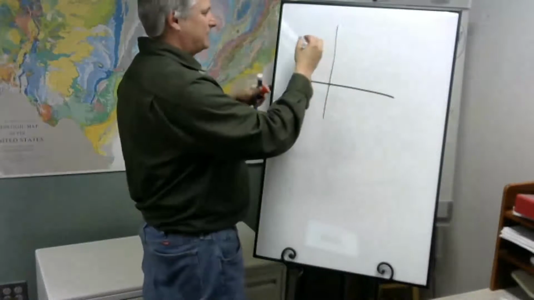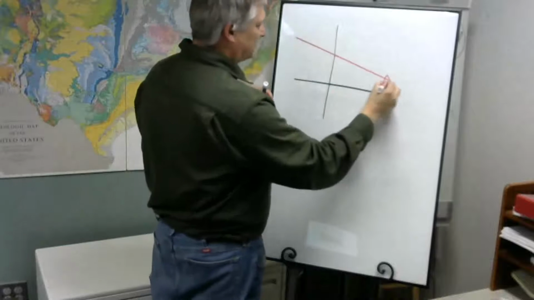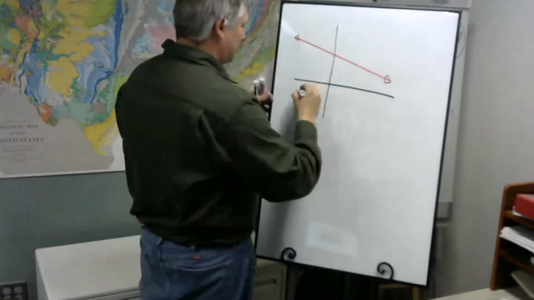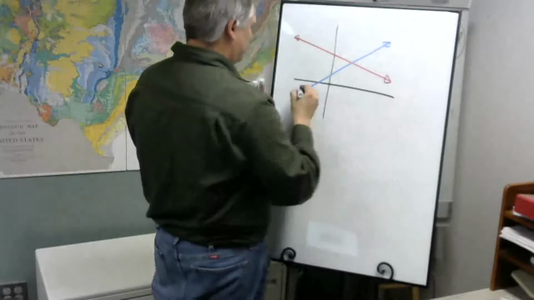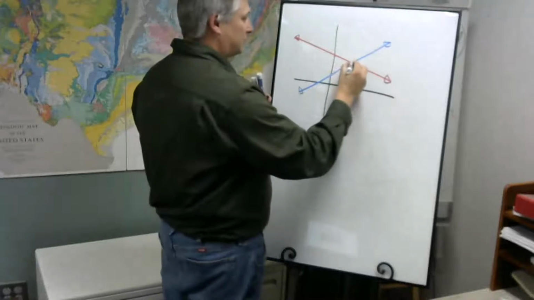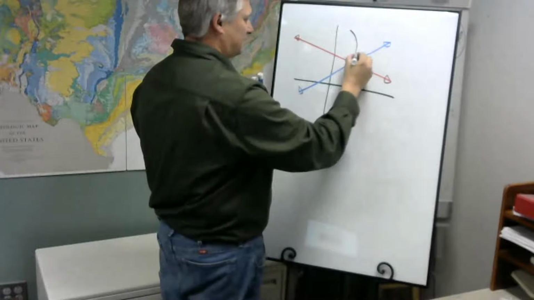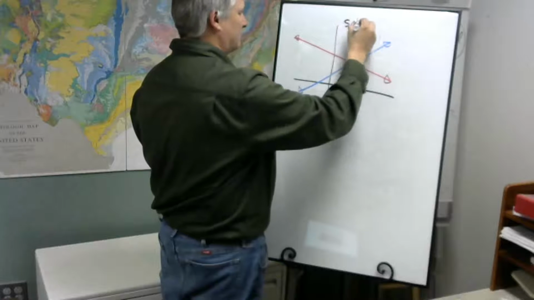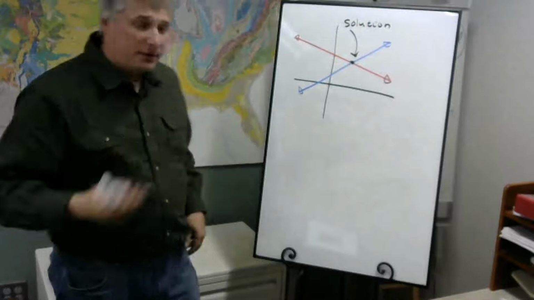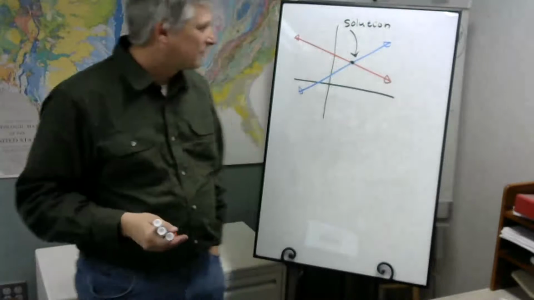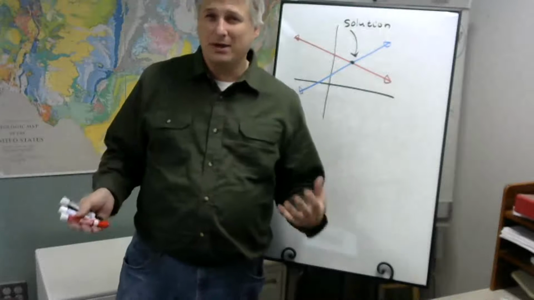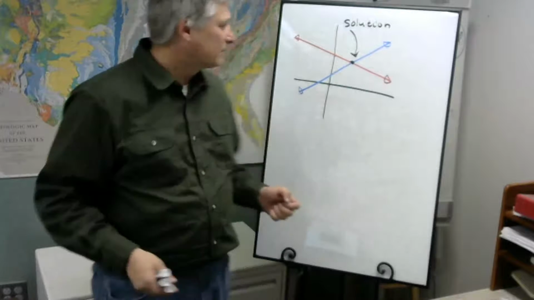Just say you had a system of equations, this could be your first line, and this could be your second line. The system solution is where these lines cross. The reason that's the case, remember, the solution to the system has to satisfy both equations. It has to work for both of them.